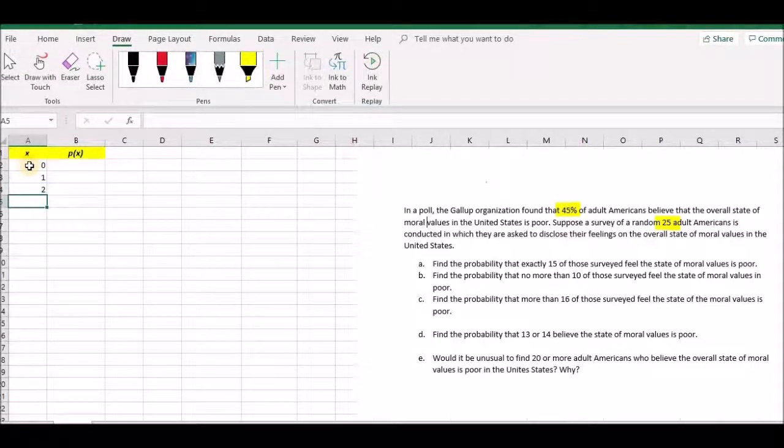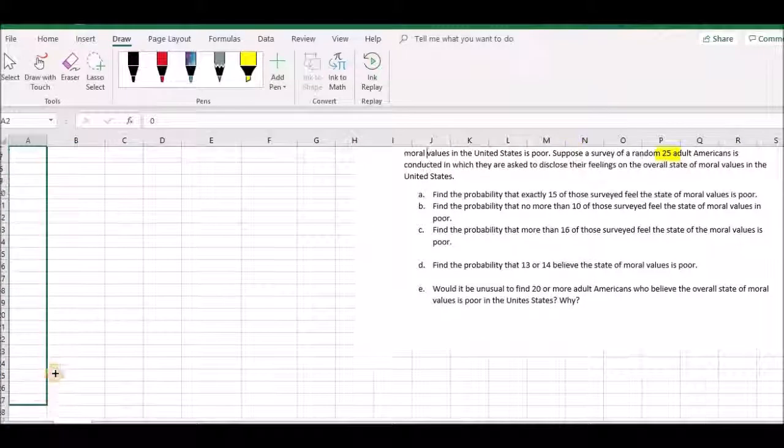Then instead of typing everything, I will highlight the 3 values, go to the corner and populate from there. Excel will understand that it has to follow that pattern and fill it automatically without you needing to type in any other information. So I will do that.